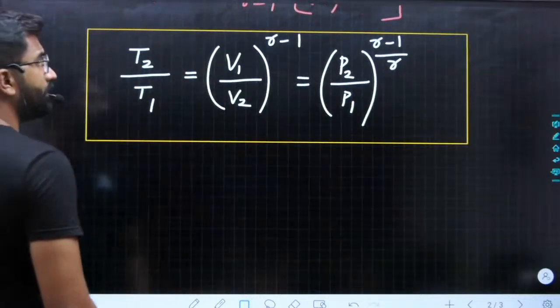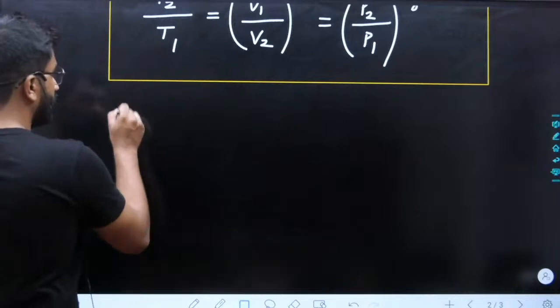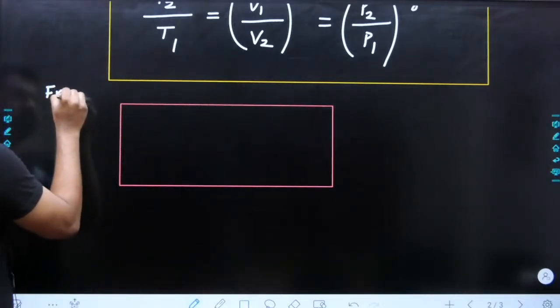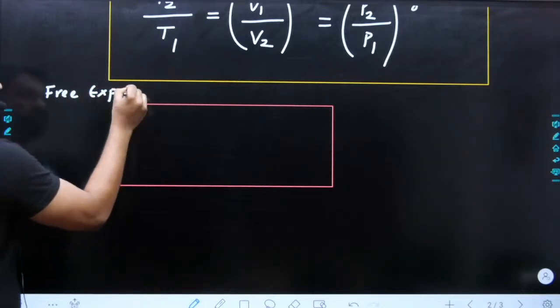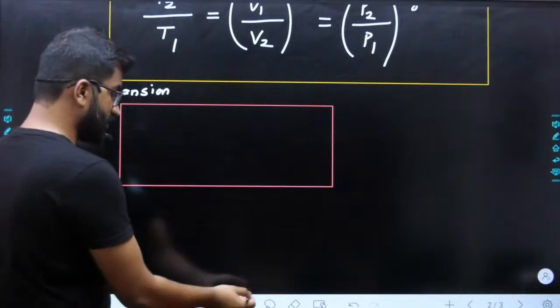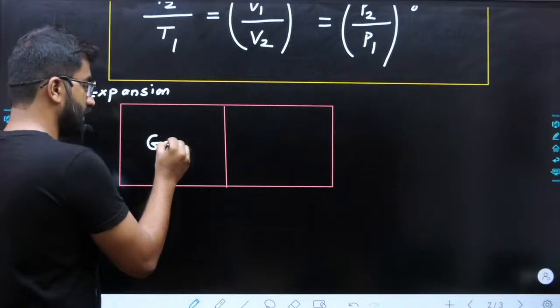Once this is over, you have a topic called free expansion. What is the meaning of free expansion? You have a gas on one side of the thermodynamic system.